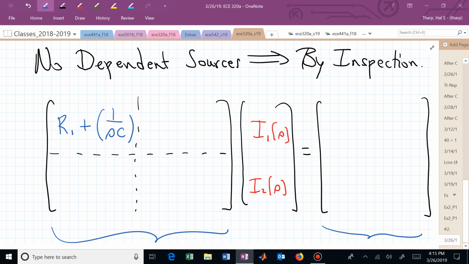Now, which impedances were shared between I1 and I2? 1 over SC. That now comes into the off-diagonal entry with a minus sign. When we were writing it, it was 1 over SC times I1 minus I sub 2.